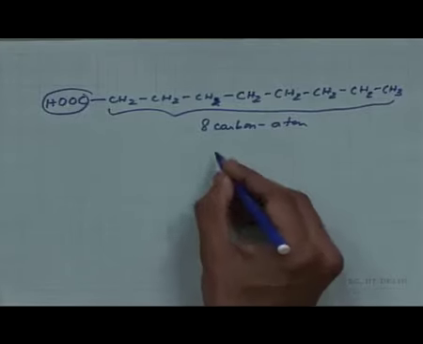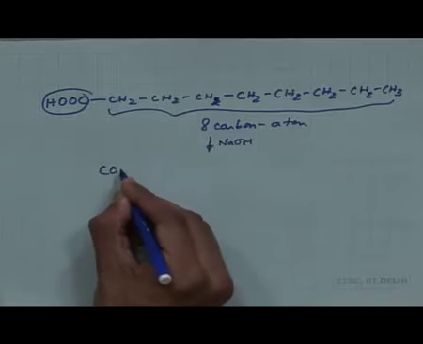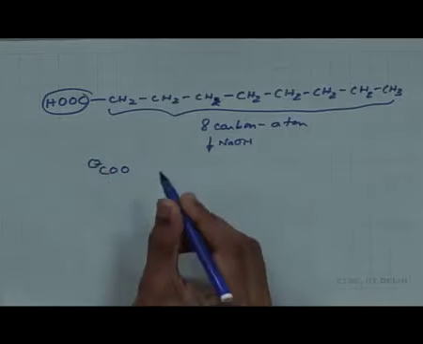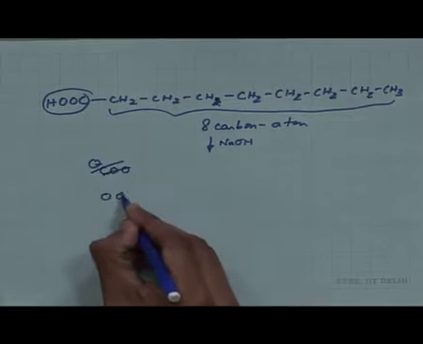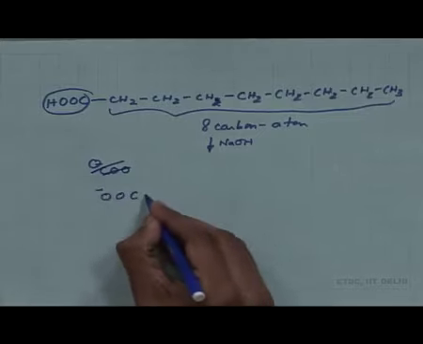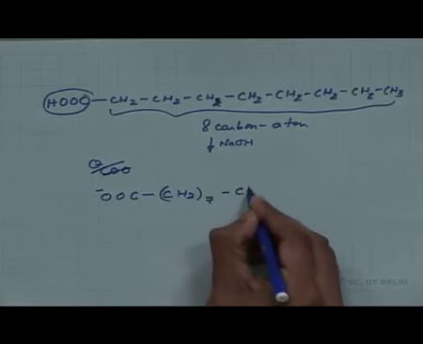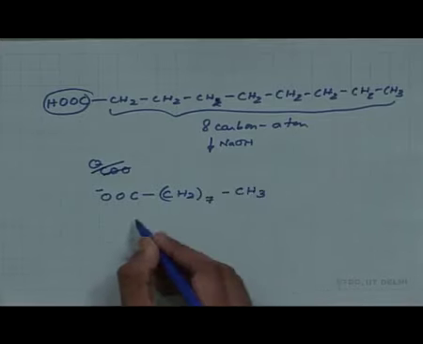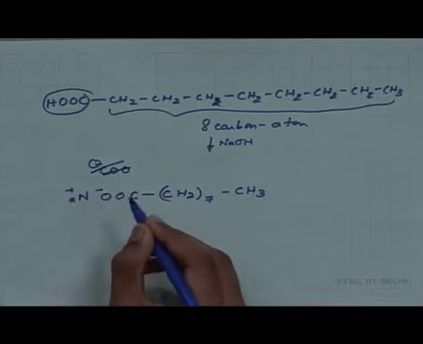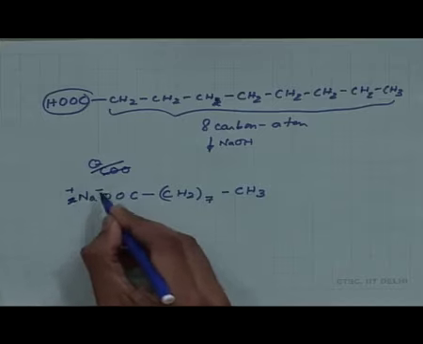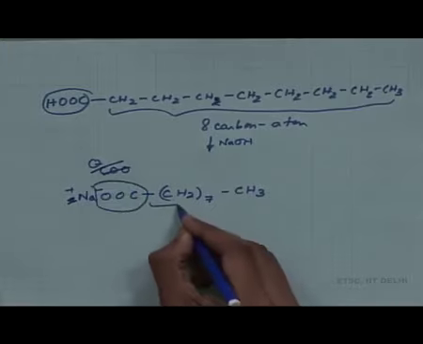carboxylic group. If I now put this in sodium hydroxide, I will form a charged species like this. Let me write this differently. Or to put it schematically, and you will have a sodium plus here. So, this is a charged head group and this is a tail.